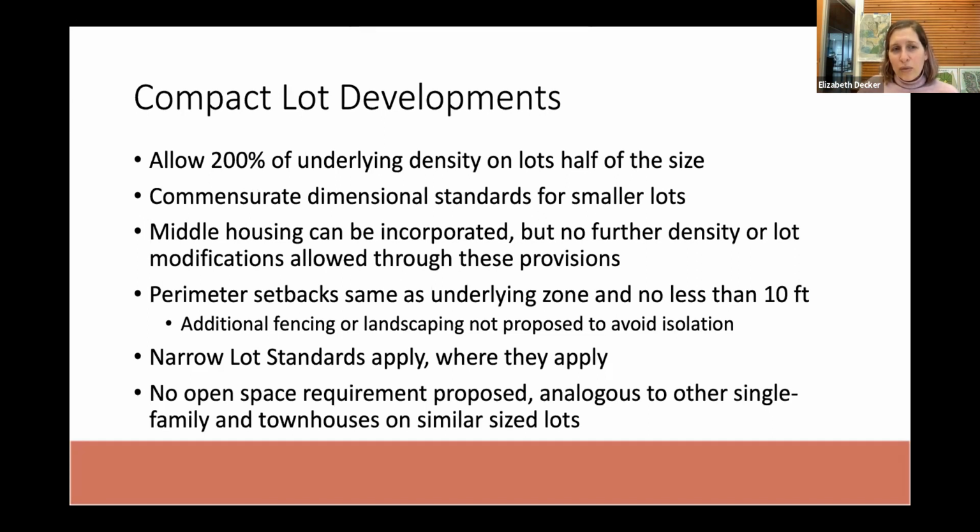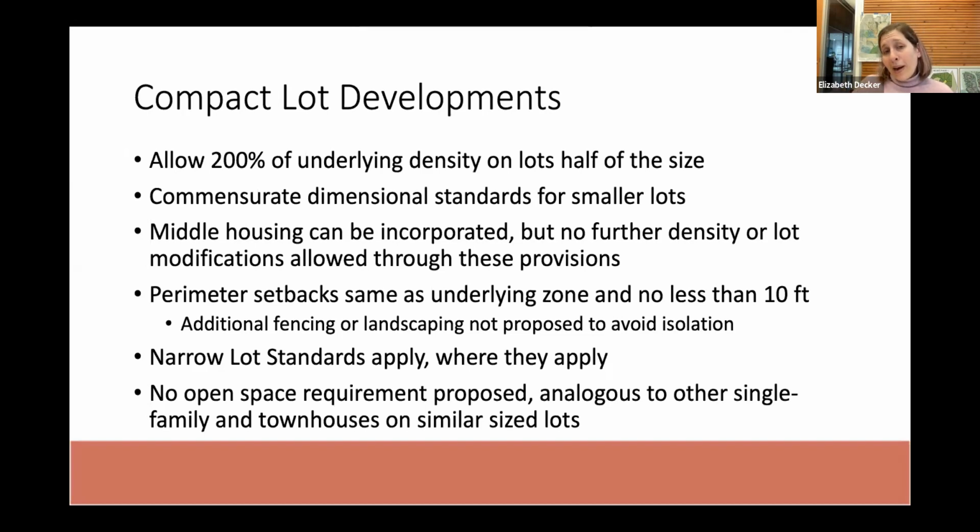We talked a lot about the perimeter of these in terms of how to manage the transition, somewhat akin to the beveling concept. What's in the proposal is to keep the perimeter setbacks the same as the underlying zone. That works out to no less than 10 feet around any of the shared property lines.